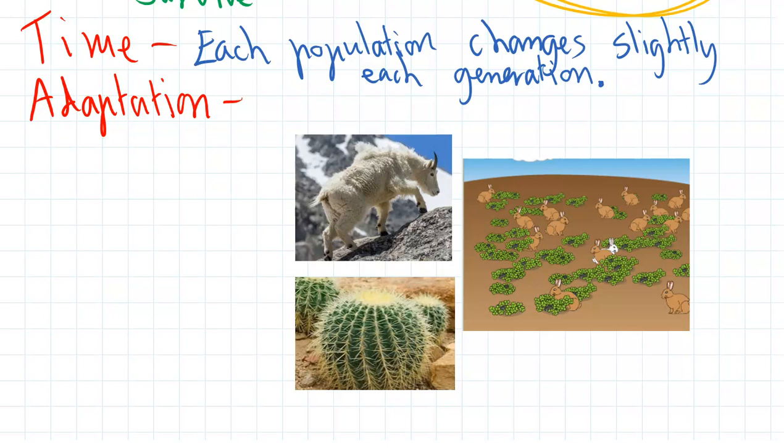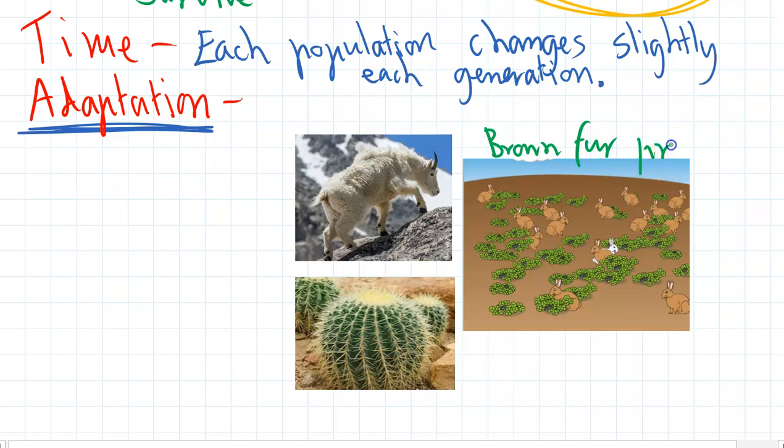And so after enough time, there's going to be some visible changes that you can see, and that means that the species has become more adapted to living in its environment, like I said last time. So we talked about our brown rabbits last time. So this species of rabbits now has adapted to its environment because brown fur provides camouflage against the wolf predators.